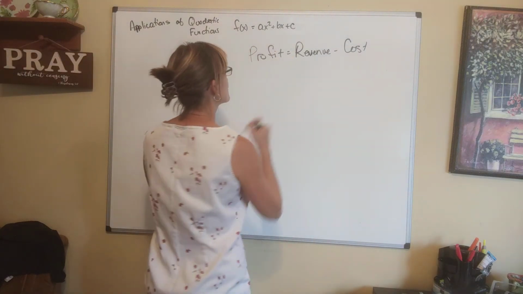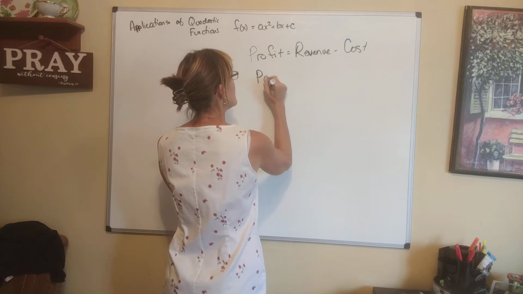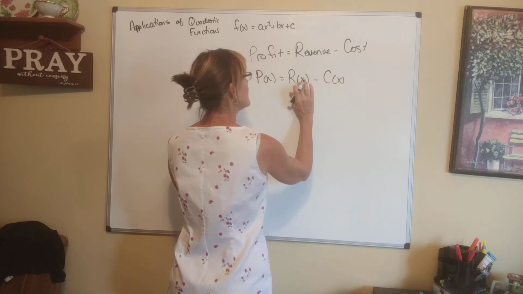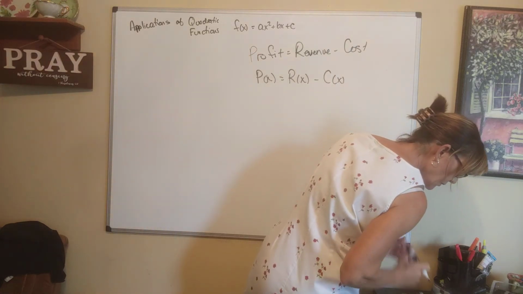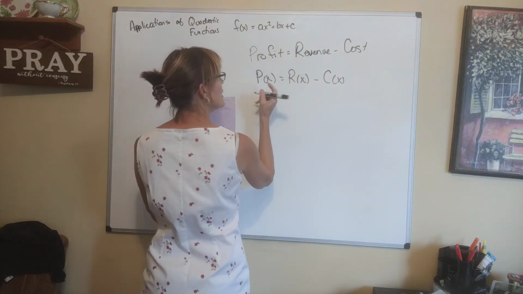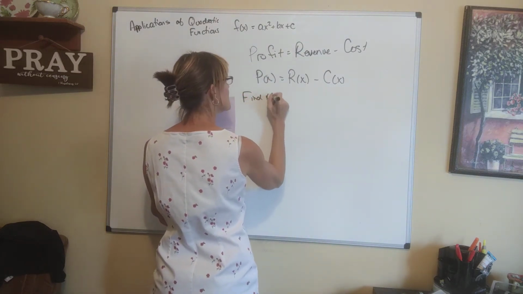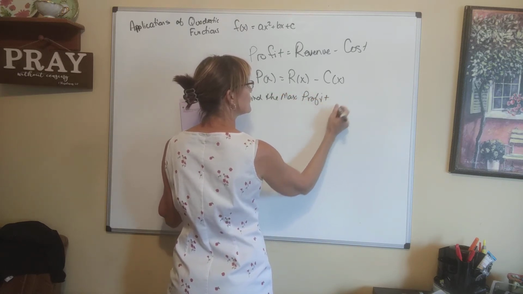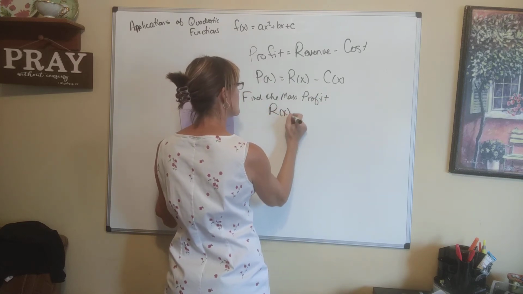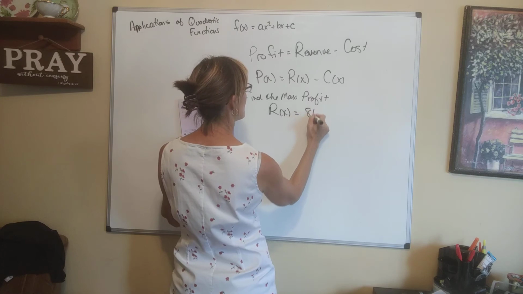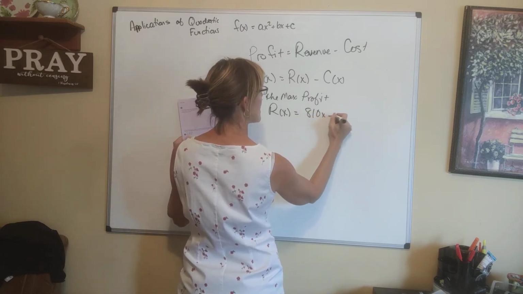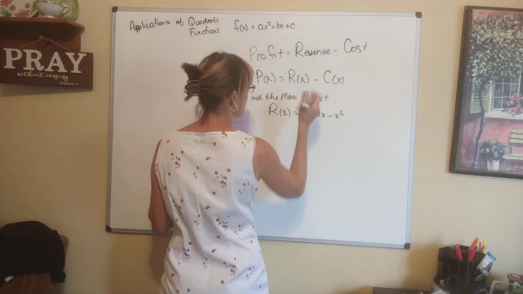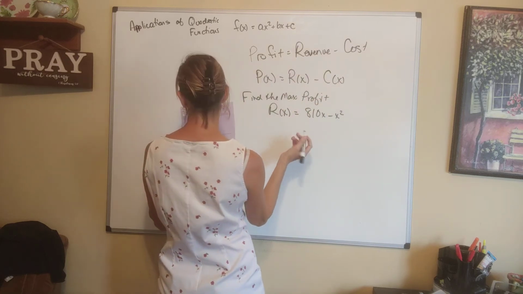So in function language, this might look like this. You'll have some profit function, P of X is equal to R of X minus C of X. Profit is revenue minus cost. Okay, and so they give us an equation for the revenue. They want us to find the maximum profit for this company, and they say R of X is equal to 810X minus X squared, where X is the number of units produced for this company, whatever they're producing.